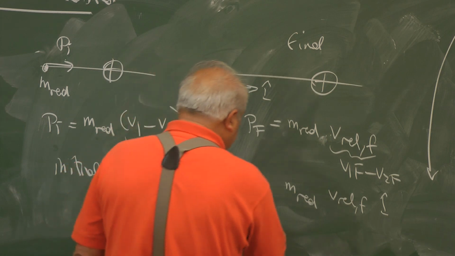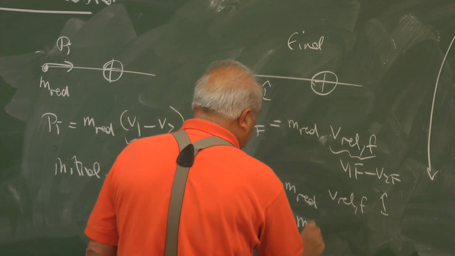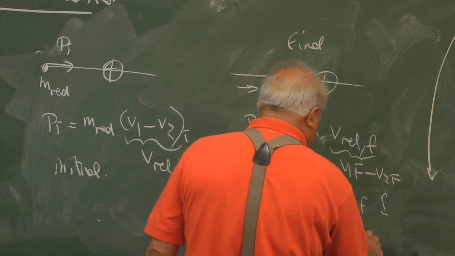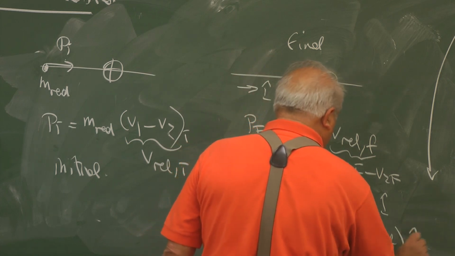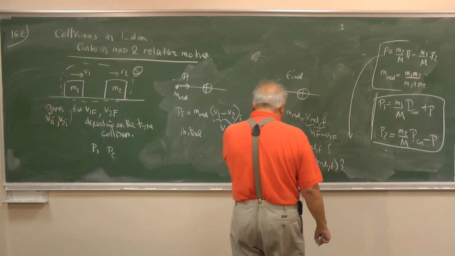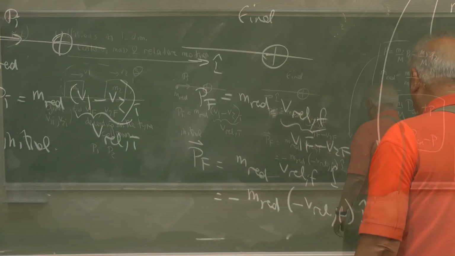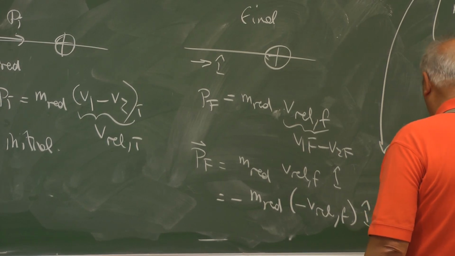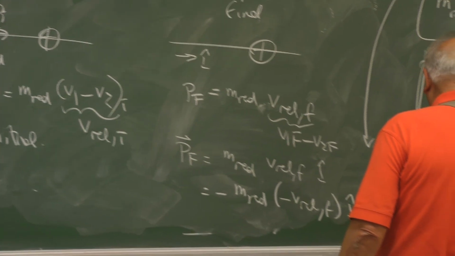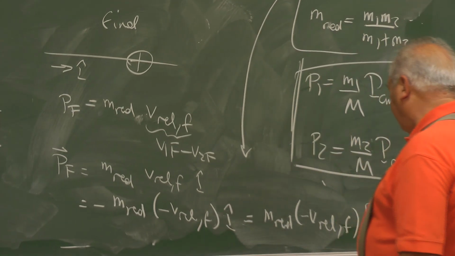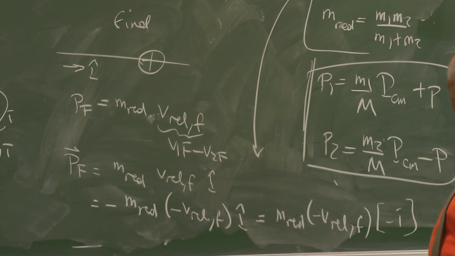So if I write it as minus M reduced minus V relative F I, then it is M reduced minus V relative F times minus I. This is the unit vector.